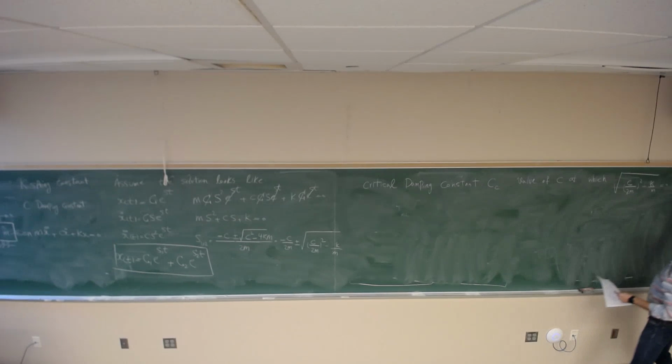So let me find that. c over 2m squared minus k over m equals 0. c squared divided by 4m squared would be k over m. I cancel out one of the m. c squared would be 4km. So Cc would be the square root of 4km.